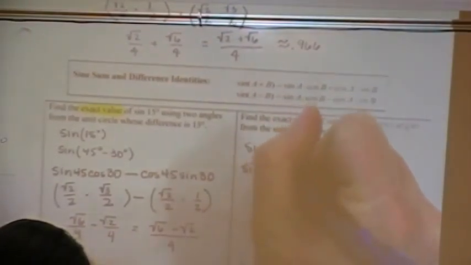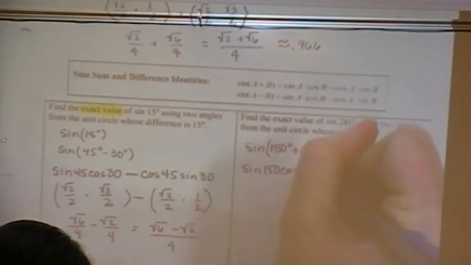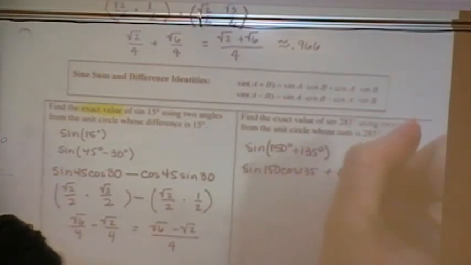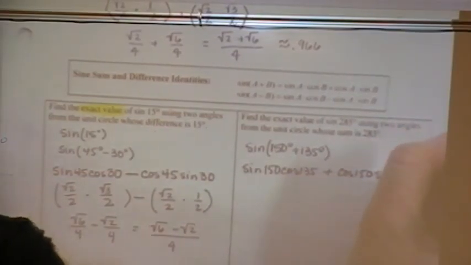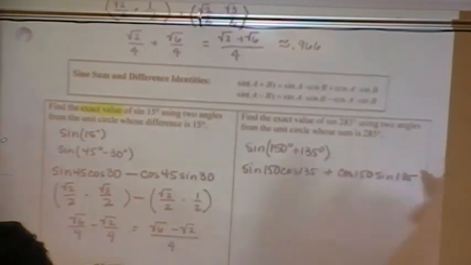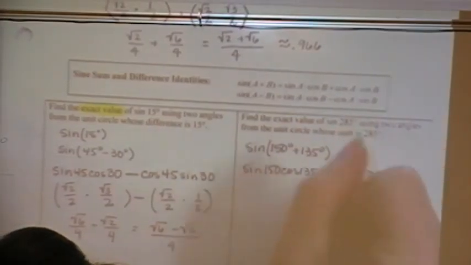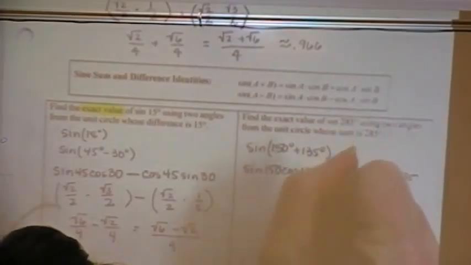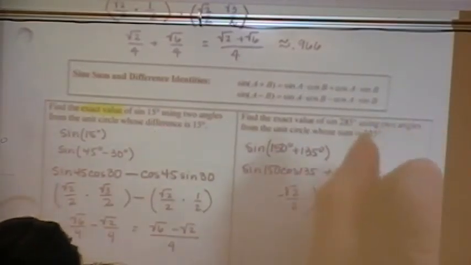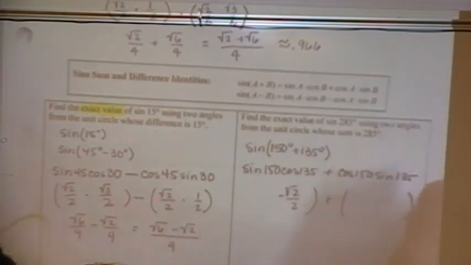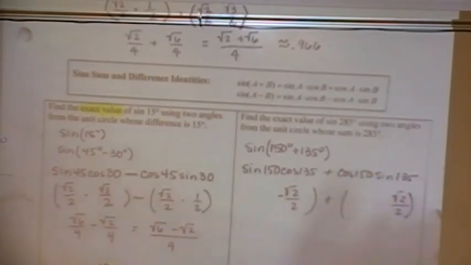So I got sine 150 plus sine 135 plus sine 150, sine 135. The 35s are easy because that's square root of 2 over 2, but cosine is negative in quadrant 2. So don't forget that. You got to make that one negative.